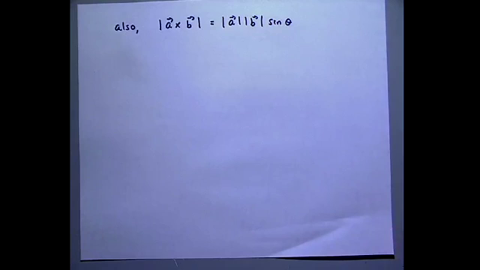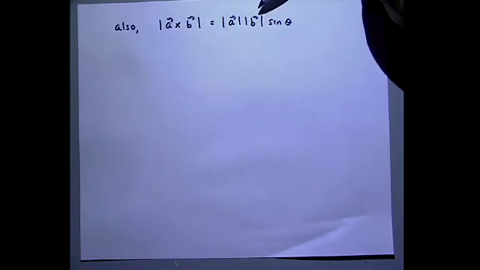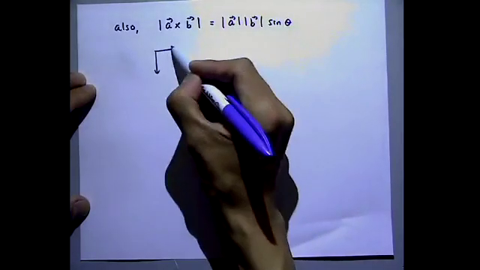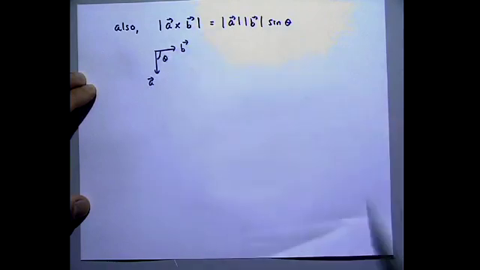So here we have the magnitude of A cross B is equal to the magnitude of A, magnitude of B times sine of theta, where again, theta is the angle between the two vectors.